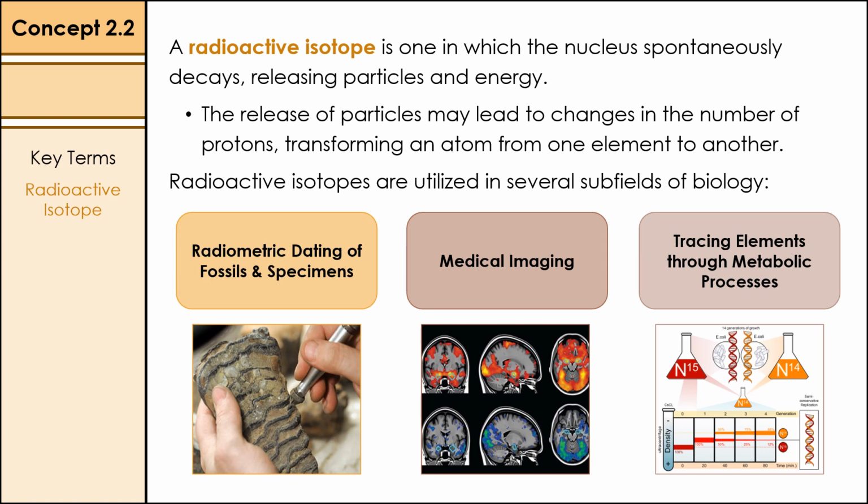And we can trace different elements through metabolic processes. I've highlighted here one of the experiments that they used to help identify how DNA replicated, and that was by using a heavy and a light nitrogen.